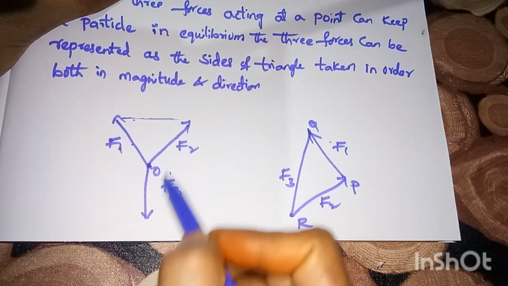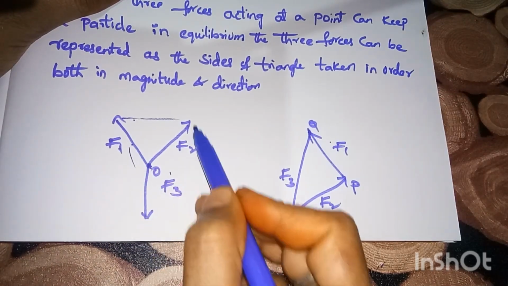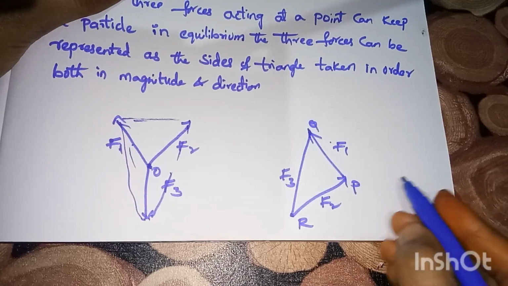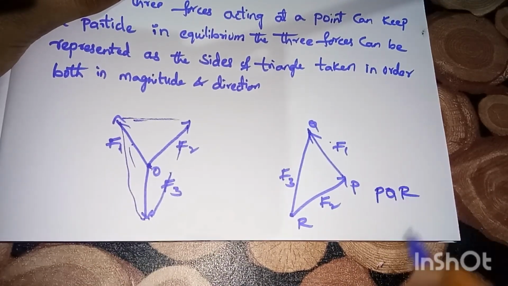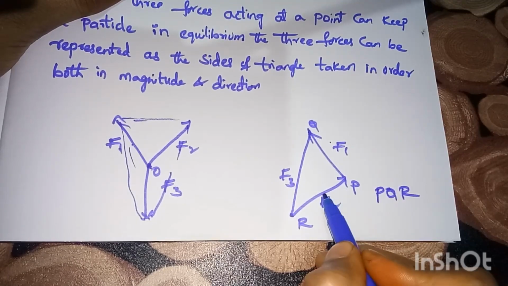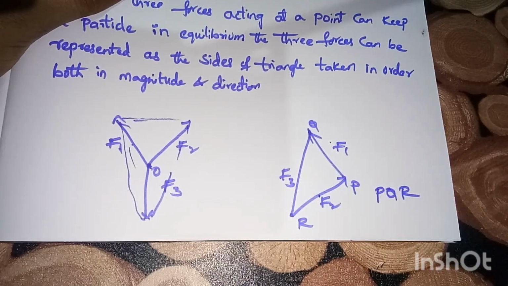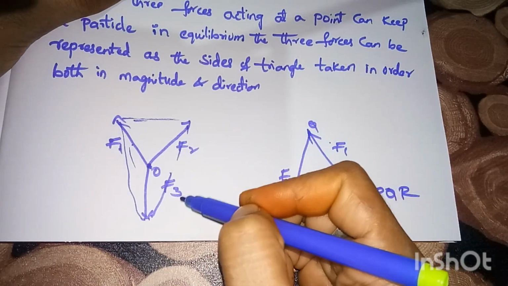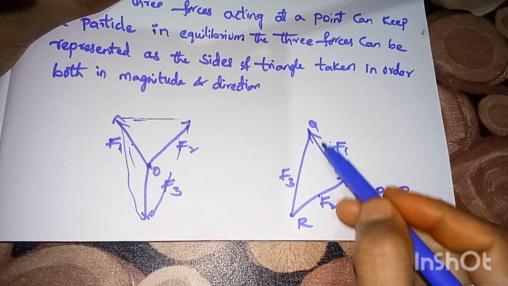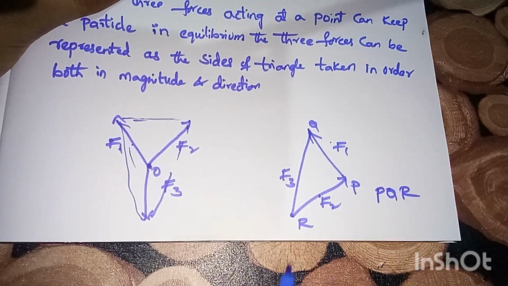By drawing these parallel lines, we get a triangle PQR having both magnitude and direction.